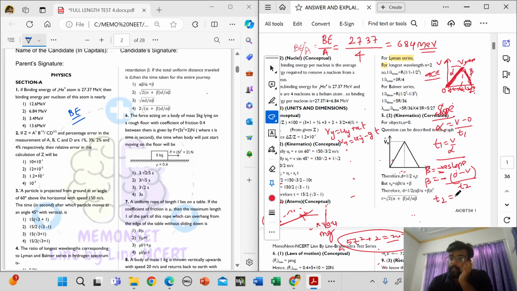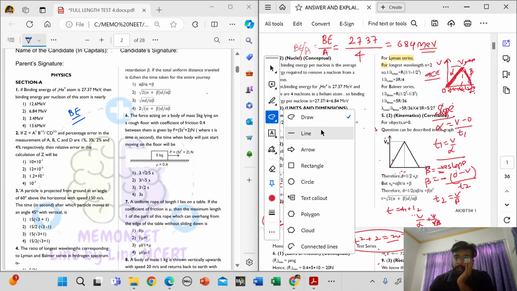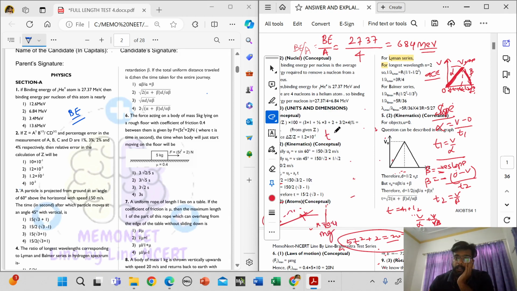From here we get t2 equal to v upon beta. So the total time t is t1 plus t2, that is v upon alpha plus v upon beta.